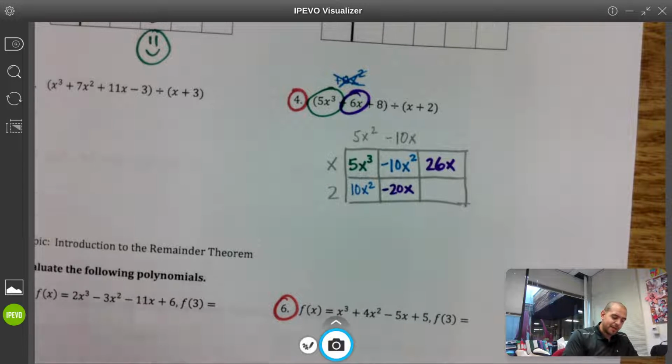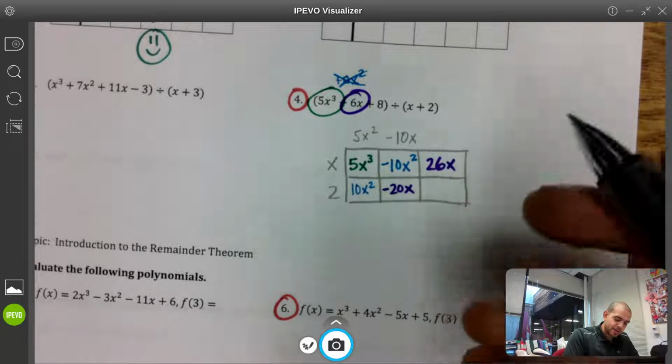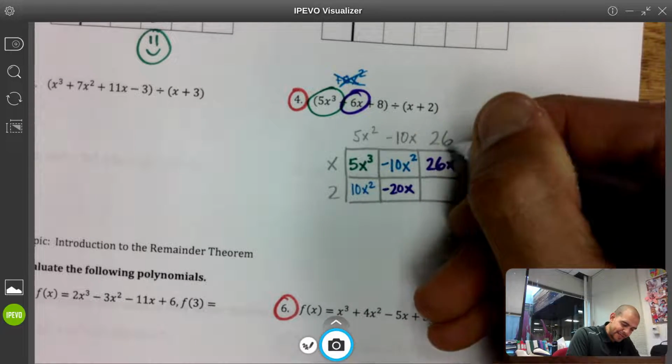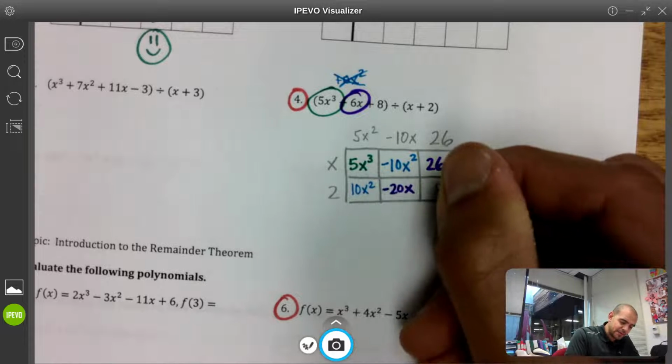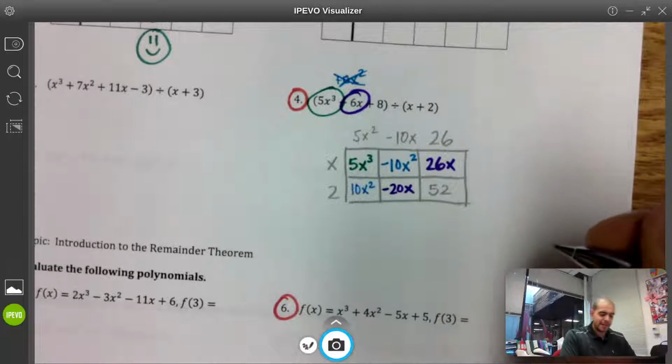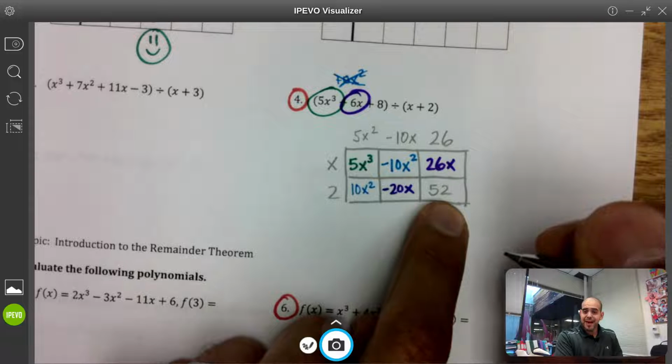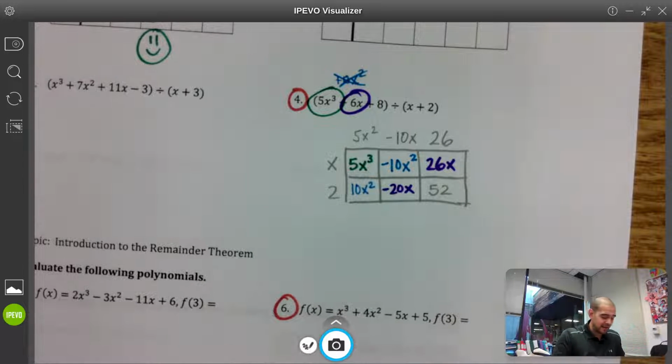And then the finale here, x times what will get you 26x is 26. 26 times 2 is 52, and unfortunately, doesn't match, so that means it did not divide evenly.